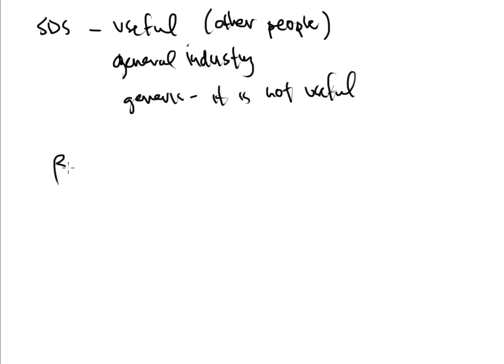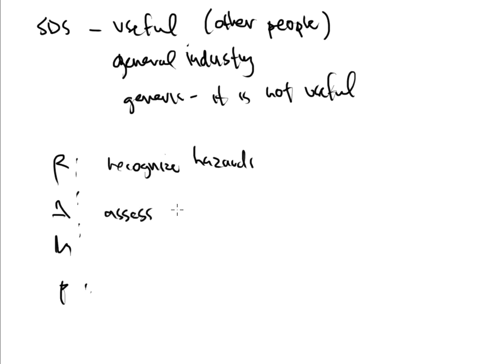Okay, so we're going to end up with the RAMP like we always do for this module section. The R is going to, of course, be recognize. Recognize the hazards that are associated with the chemical that you're using. The A is going to be assess. Assess the risk that is posed by the chemical that you are using in the laboratory.